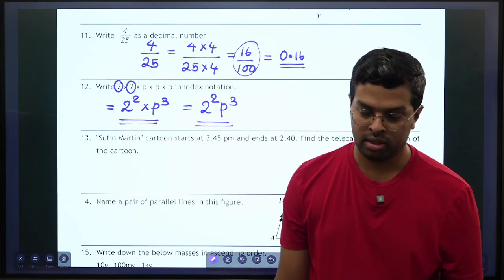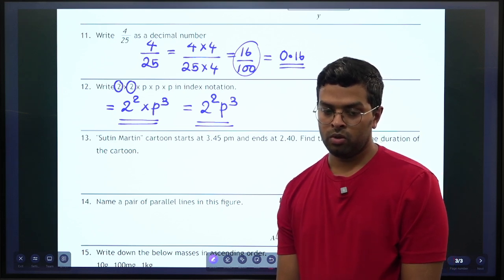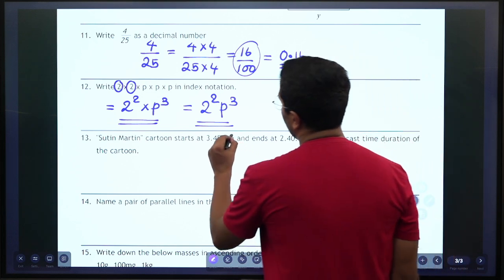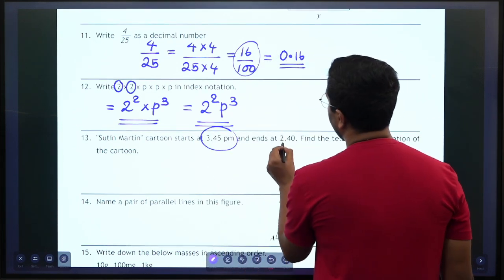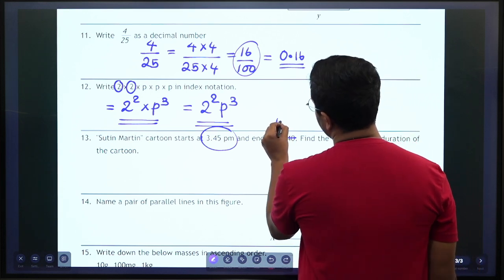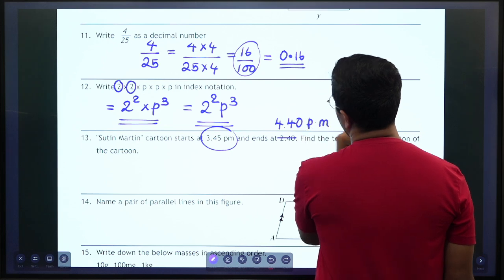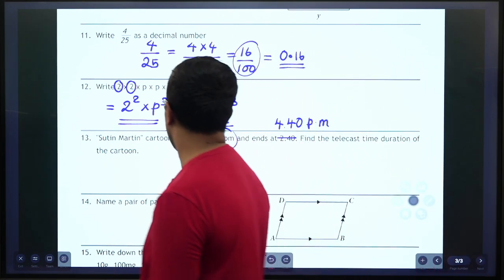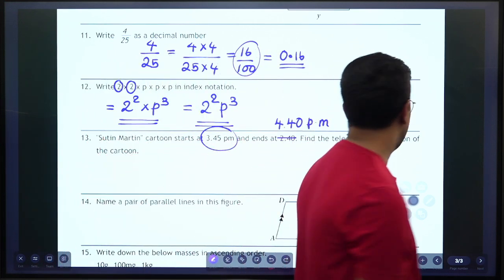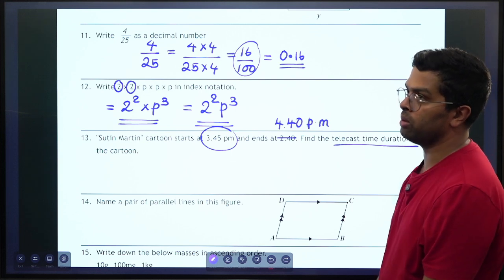Next one, question number 13. Shooting Martin cartoon starts at 3:45 p.m. and ends at, now there's a printing mistake, let's write it as 4:40 p.m. Find the telecast time duration of the cartoon.